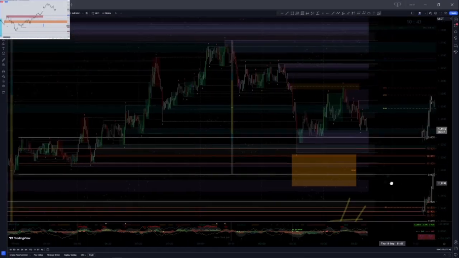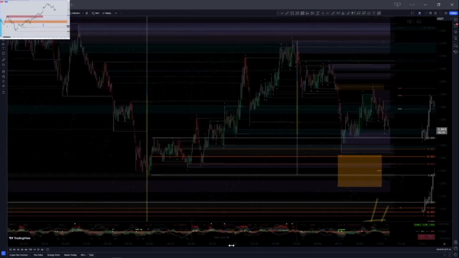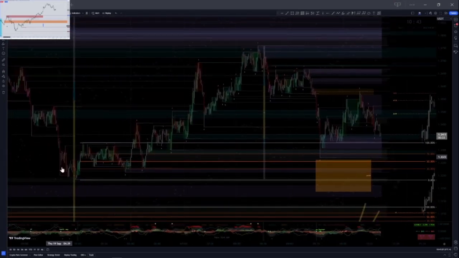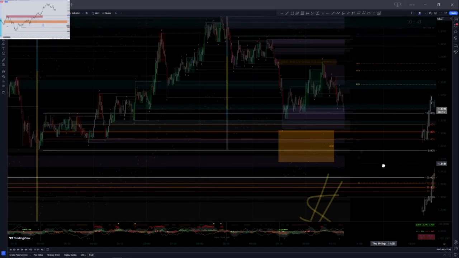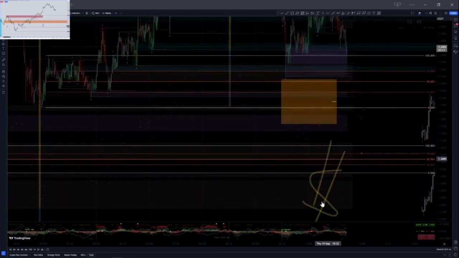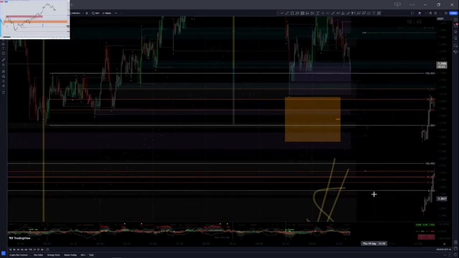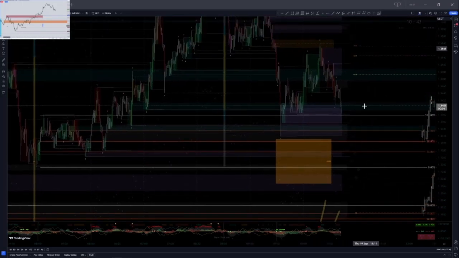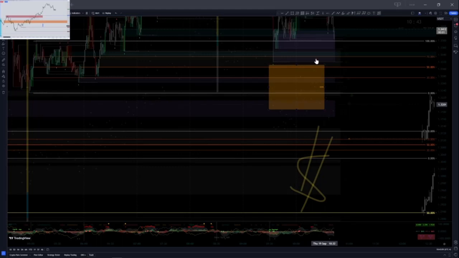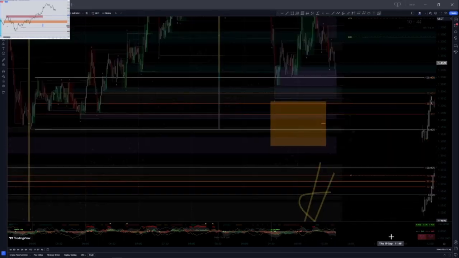Because if it's strong enough, if the person who sent this up higher here, who made this move, who stopped it right here, still has resting orders here, and they are strong enough to push price up higher again, then we will want to see a nice movement before touching this. Look, price comes down. Let's see if it's enough to push price higher, or if it's going to go straight down into these liquidation points.